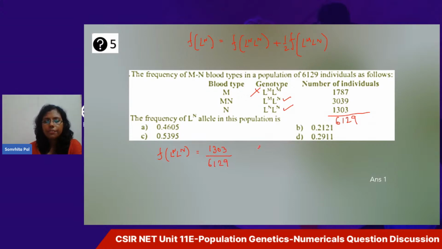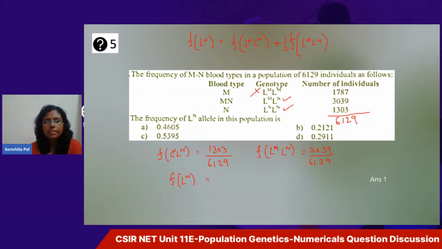And the frequency of my heterozygous is equal to 3039 divided by 6129. So here I will use this formula which I've written above.